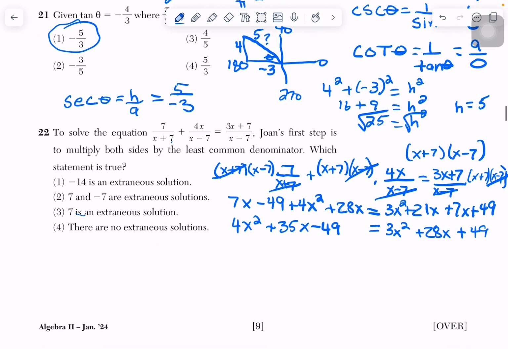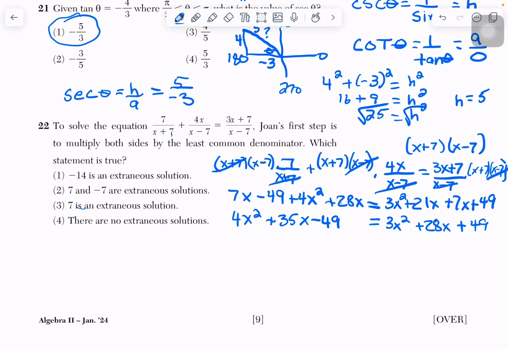All right. Now it's a quadratic, so to solve a quadratic, we're going to subtract all these from the other side. Minus 3x squared minus 28x minus 49.